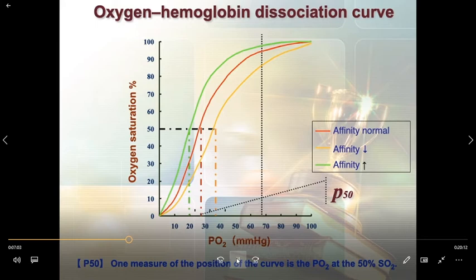The yellow one. At the same saturation level, 50, the P50 of the yellow curve is higher than the P50 of the red one.